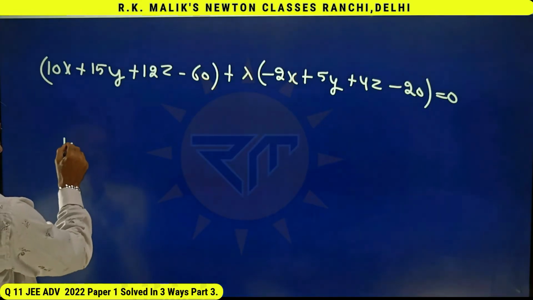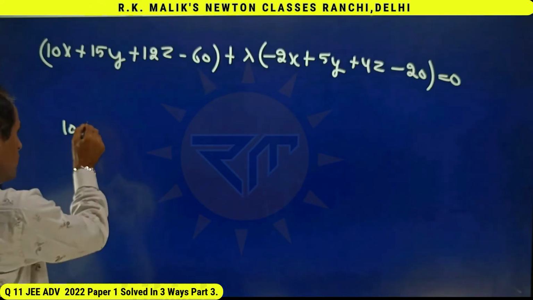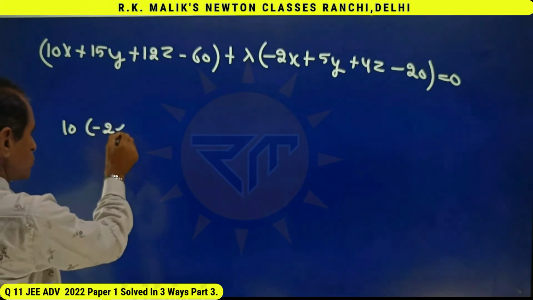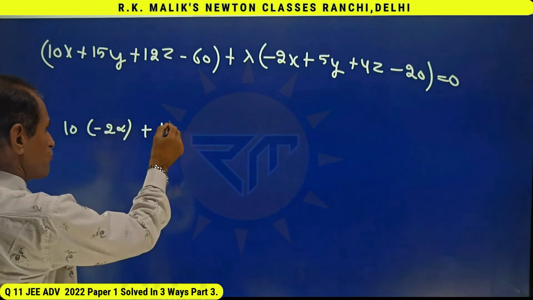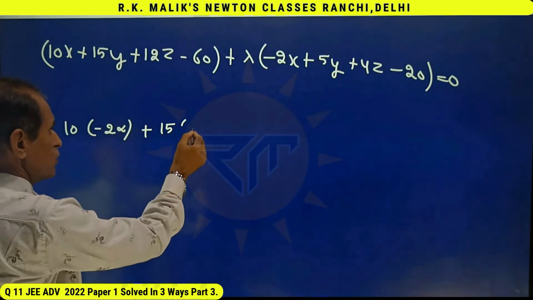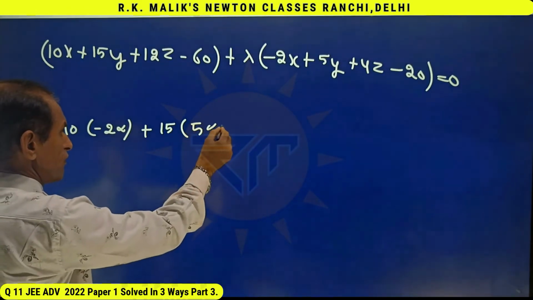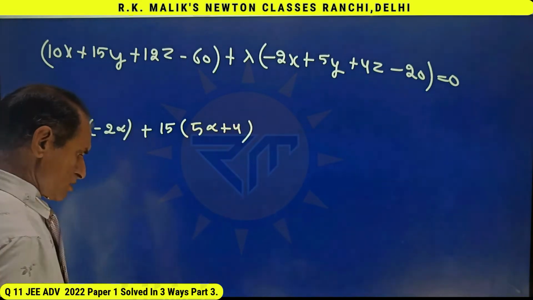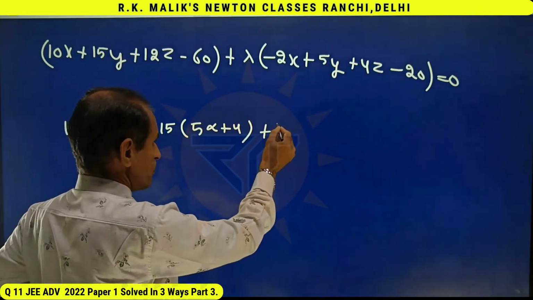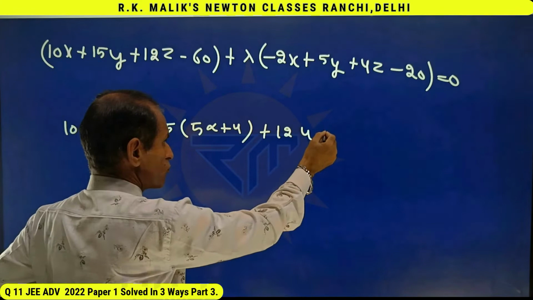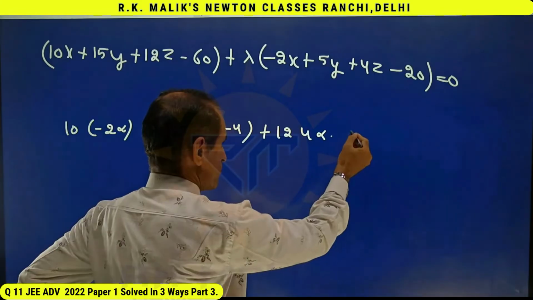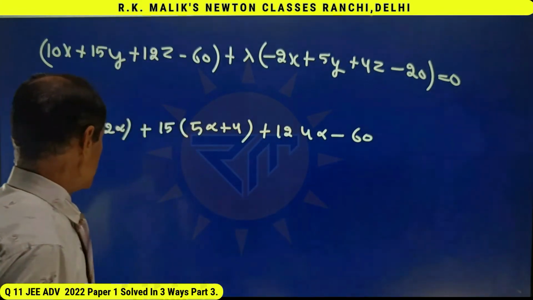I get 10 into minus 2 alpha plus 15 into 5 alpha plus 4 plus 12 into 4 alpha minus 60.